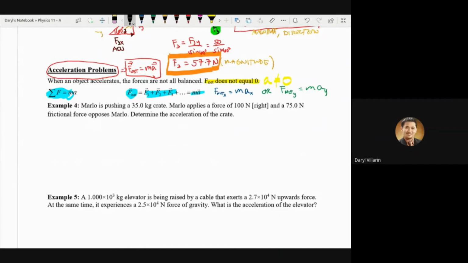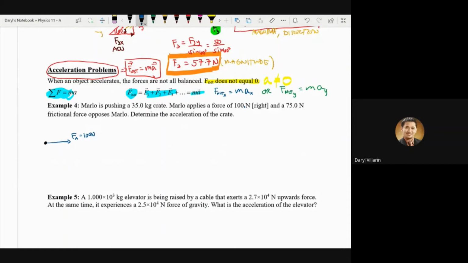So the object is acted upon by what forces? Well, one is the applied force by Marlo. It's to the right, so I call this one FA, and the magnitude is 100 newtons. And by the way, I should place a dot there to indicate that it has three significant digits.